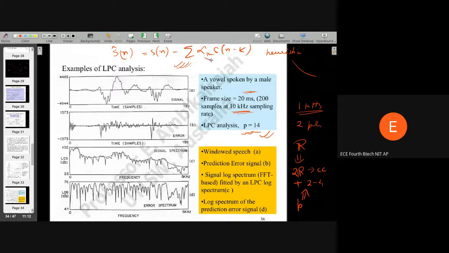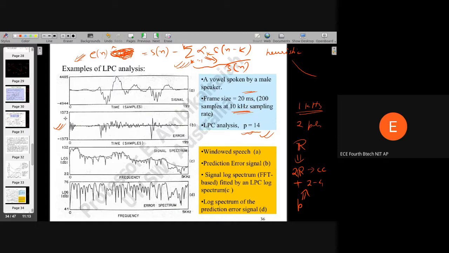All these coefficients we got, 14 of them, k equal to 1 to p. So now, this is s hat n. So this is e n. Sorry, not energy, error. So this is your error signal.